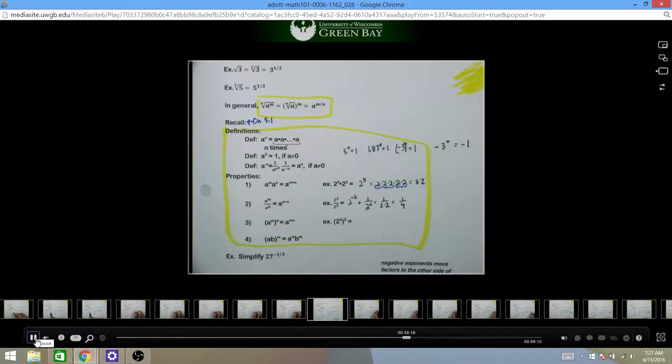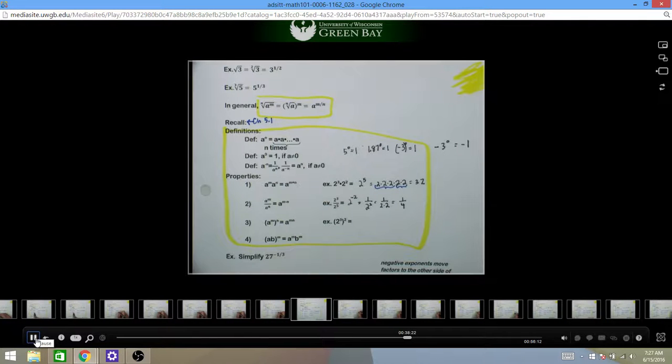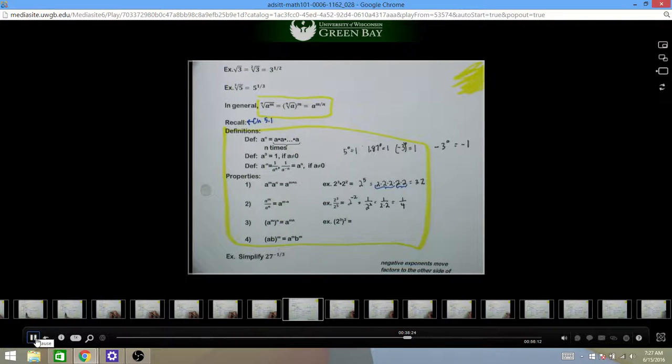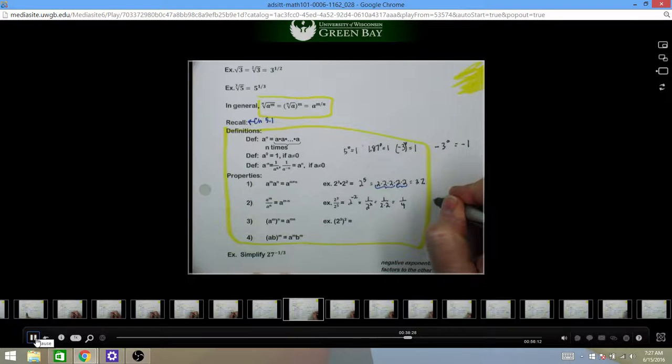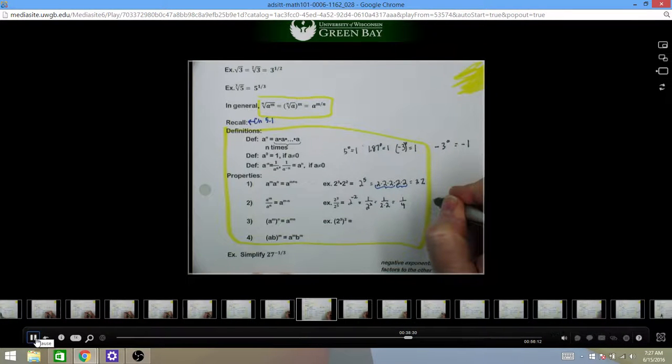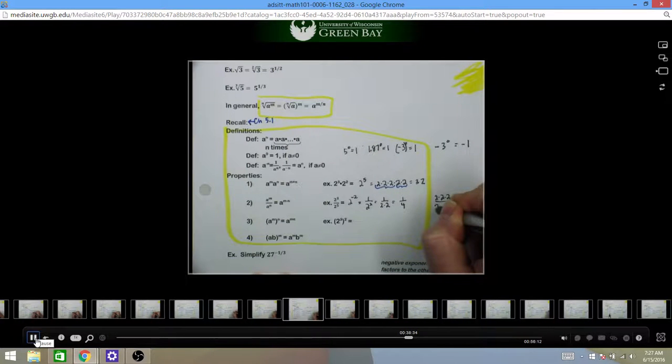So that is a property, so we should be able to observe why it's working. Why does that property work? So off to the side here, we can say 2 cubed is 2 times 2 times 2, and 2 to the 5th is 2 times 2 times 2 times 2 times 2.